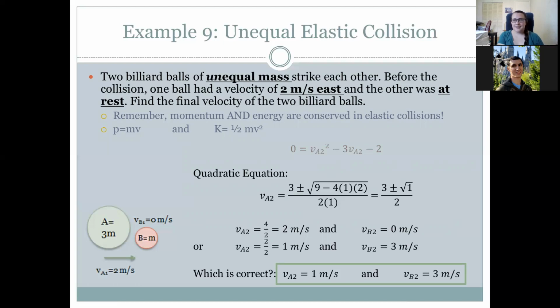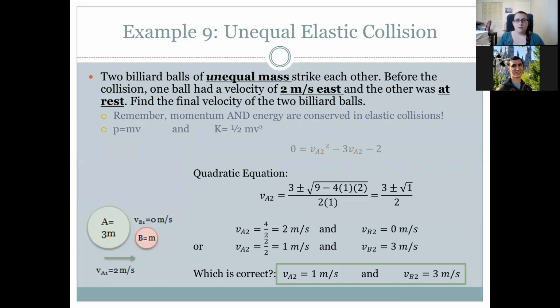Momentum examples can get pretty lengthy pretty quick. Especially if you have more than two objects in a collision, it's hard to keep track of everything that's happening, which is why it's so important to use those subscripts.